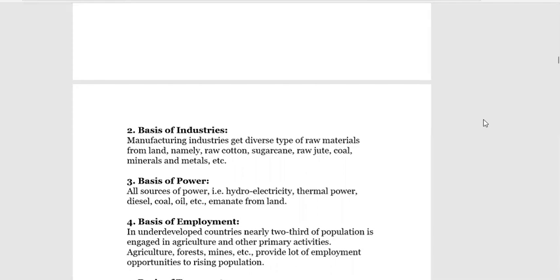From where will coal come? Coal will come from land. We are digging down in the land to get the coal, which will be used for thermal power production. Same thing with hydel power, the hydroelectricity.